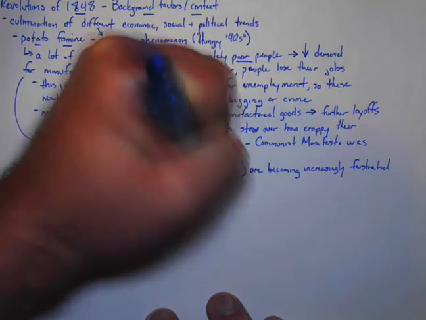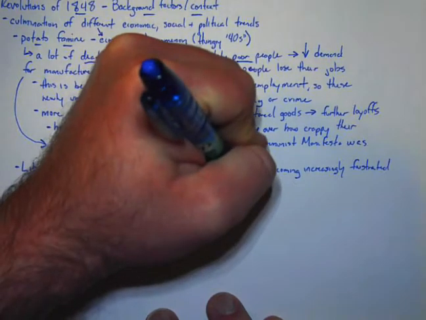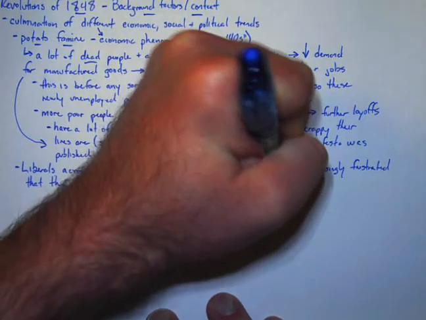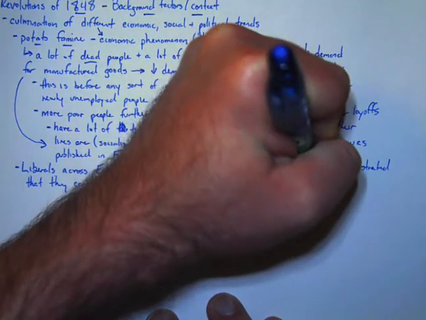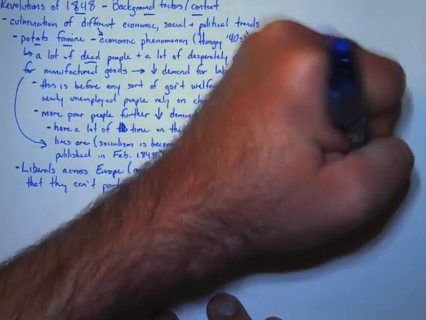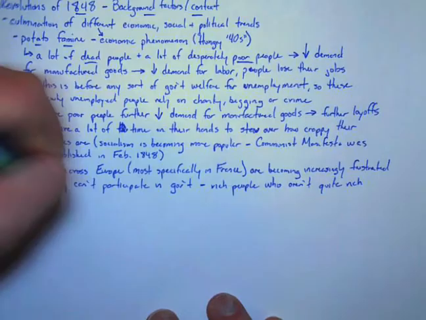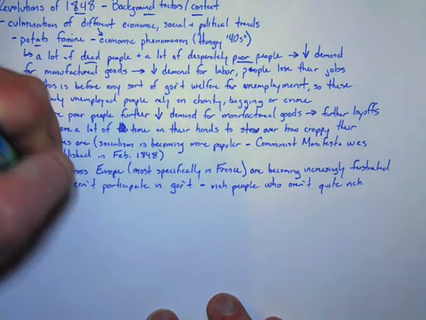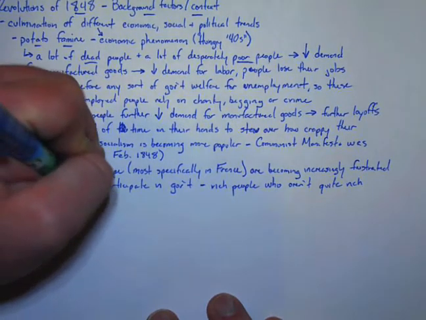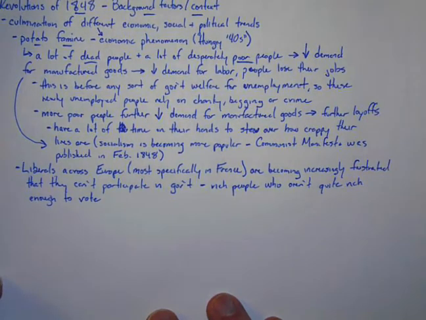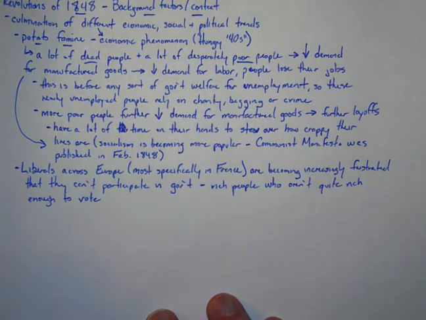So there are rich people who aren't quite rich enough to vote. And so they're becoming really frustrated that they can't participate.